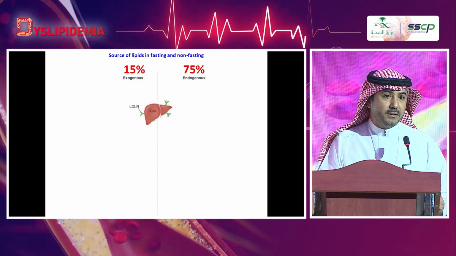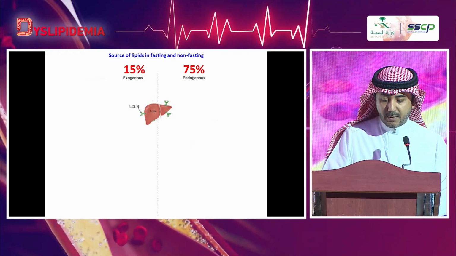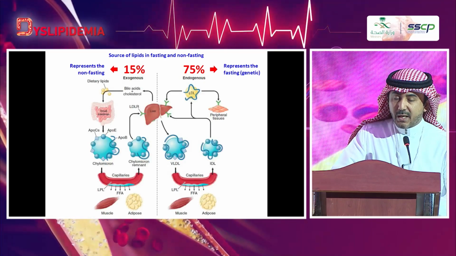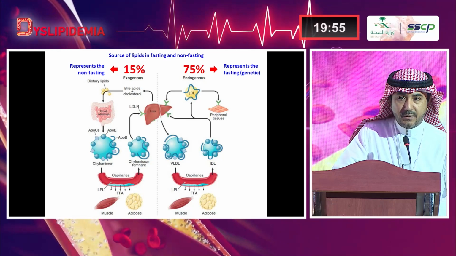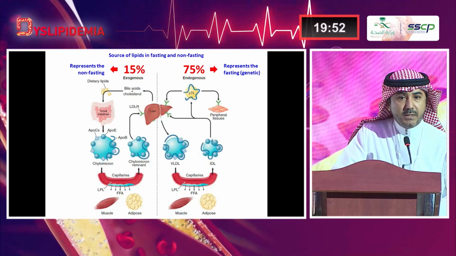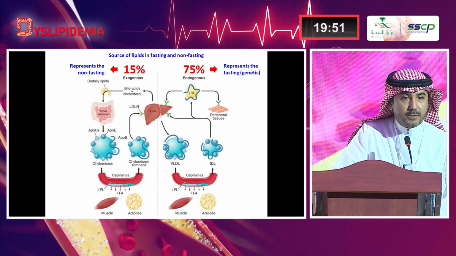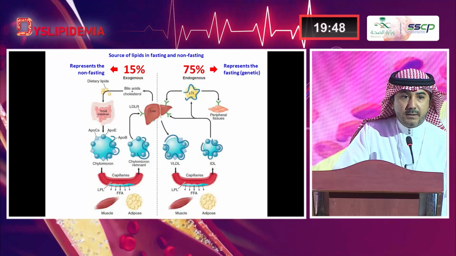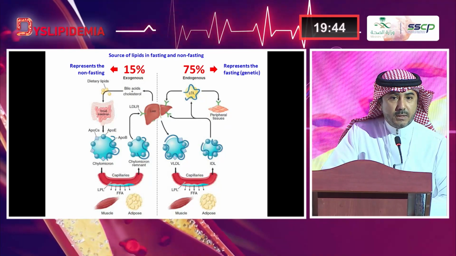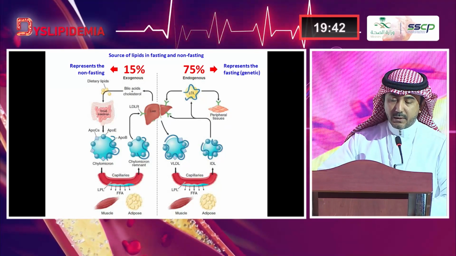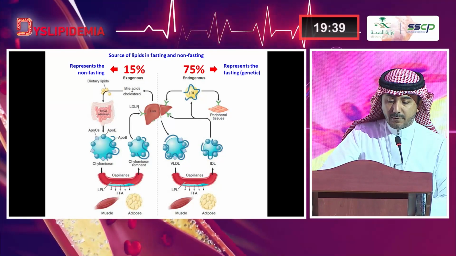So this is a very important key information. 75% comes from the endogenous source, i.e. the liver. So keeping that in mind, it means the main contributing factor for lipidemia is the liver. And of course, the genetic background shapes the level of lipid in the blood.